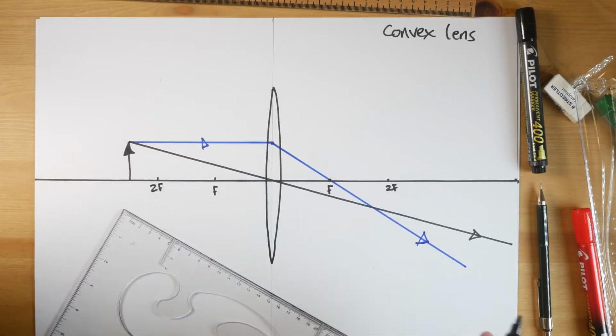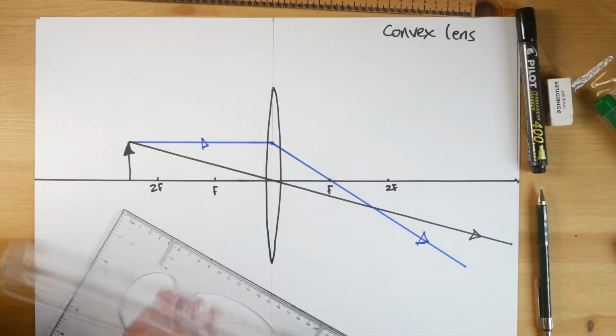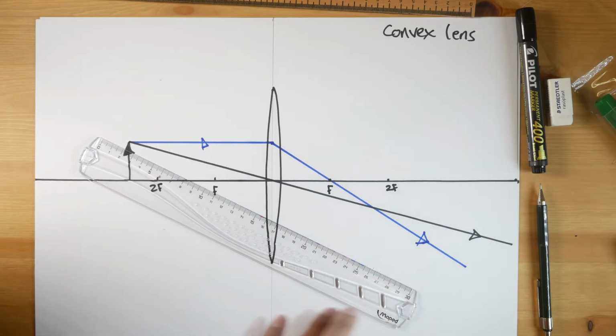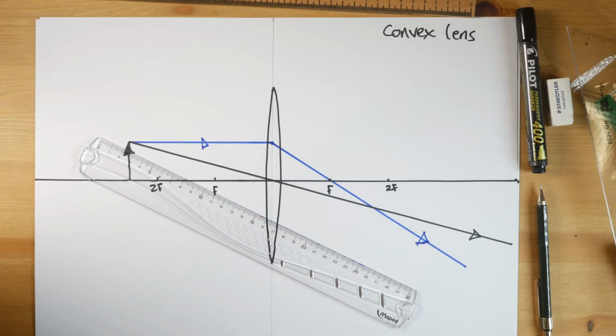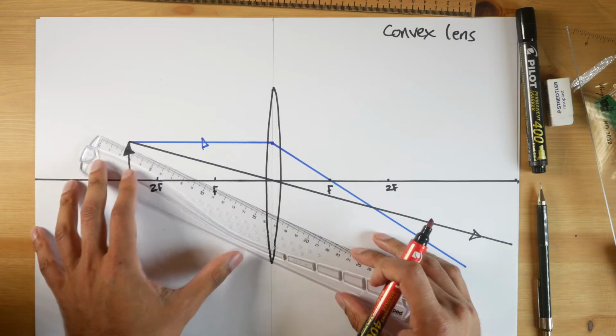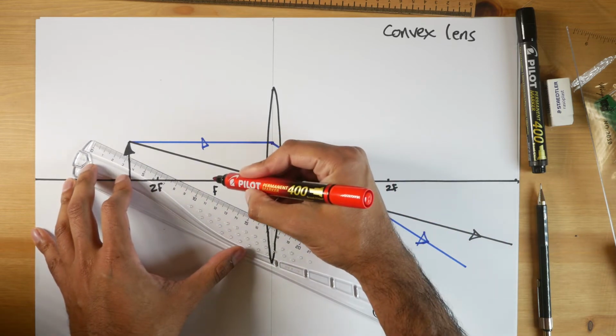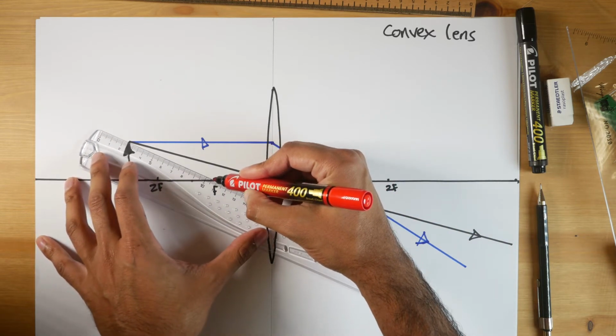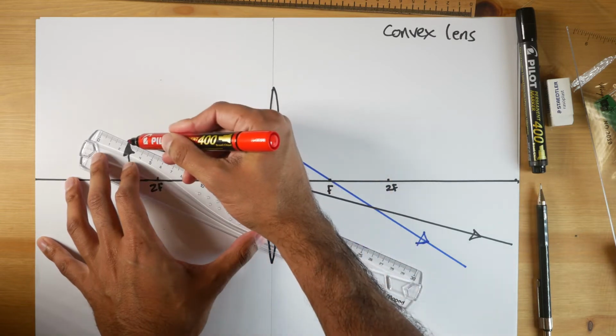Okay? We've got one more beam of light that we can do. We need to take this beam of light and it goes straight through the focal point, which is over here. So if I'm accurate, let's have a look.